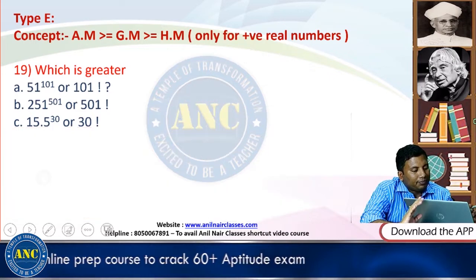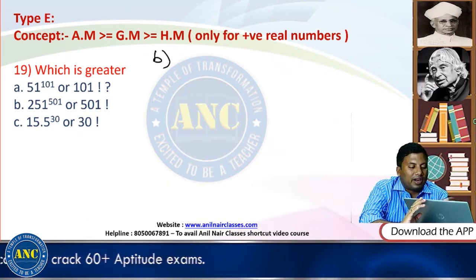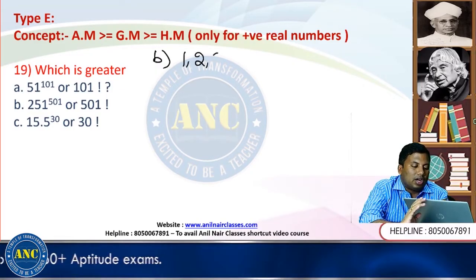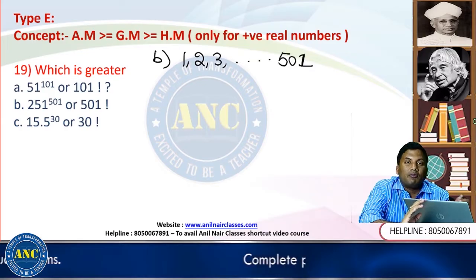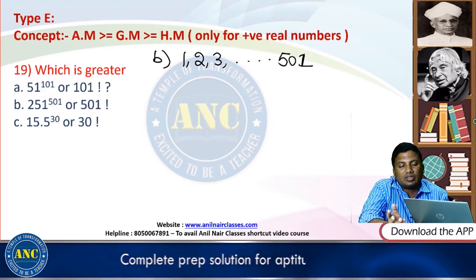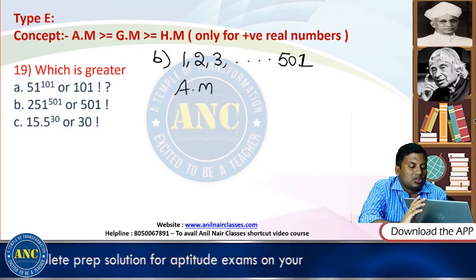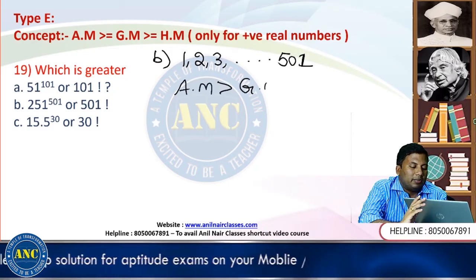B. 251 power 501 or 501 factorial. Take all the natural numbers from 1, 2, 3 till 501. Why am I taking from 1 to 501? Product of all these numbers will give you 501 factorial. Arithmetic mean is always greater than geometric mean.